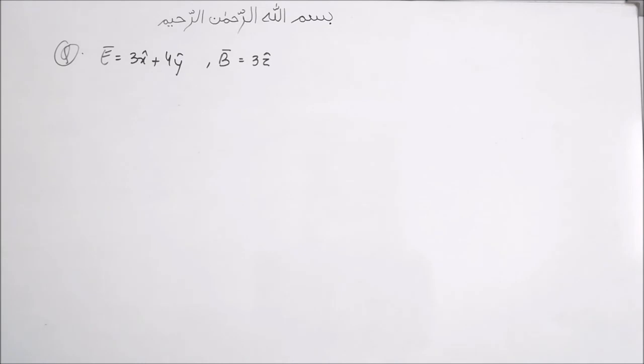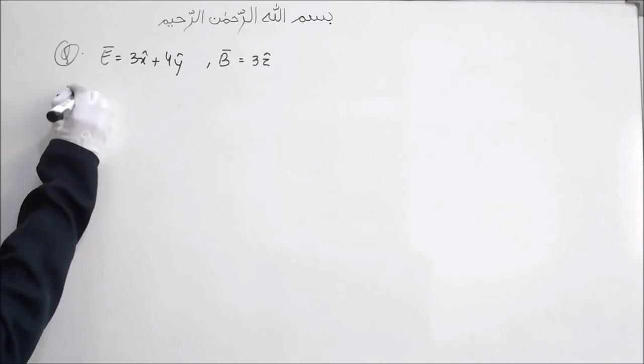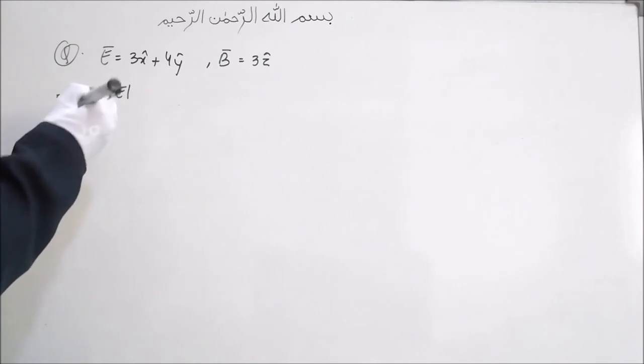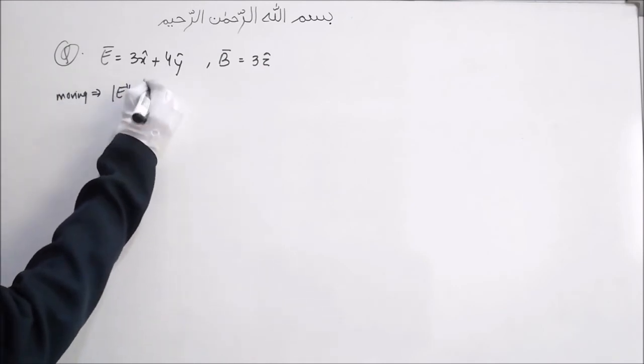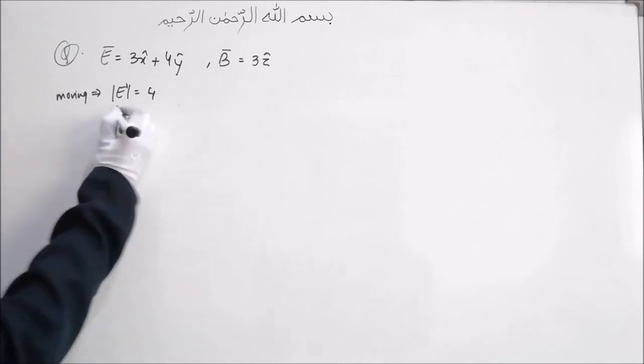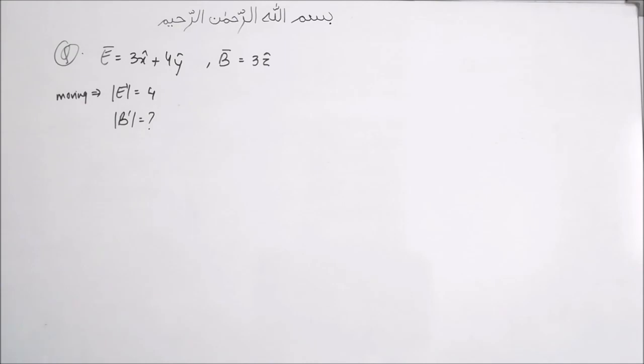An inertial observer moving with respect to this frame measures the magnitude of the electric field in the moving frame to be equal to 4. We have to find the magnitude of magnetic field which is measured by him. That is, E and B are given in one frame.